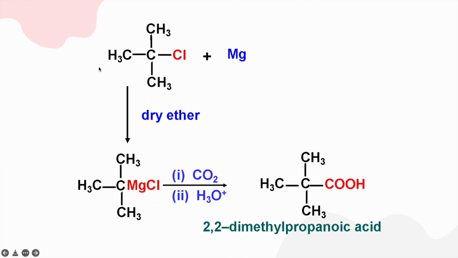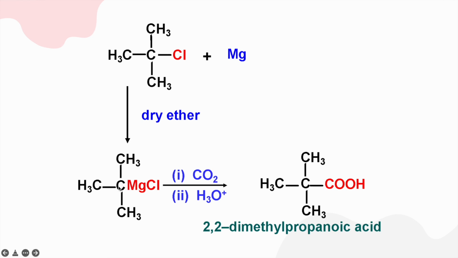For example, haloalkane reacts with Mg in the presence of dry ether to form Grignard reagent. So this is the haloalkane. This is the R group of haloalkane, and then the R group attached to MgCl. And then it reacts with carbon dioxide first, followed by acidified water.